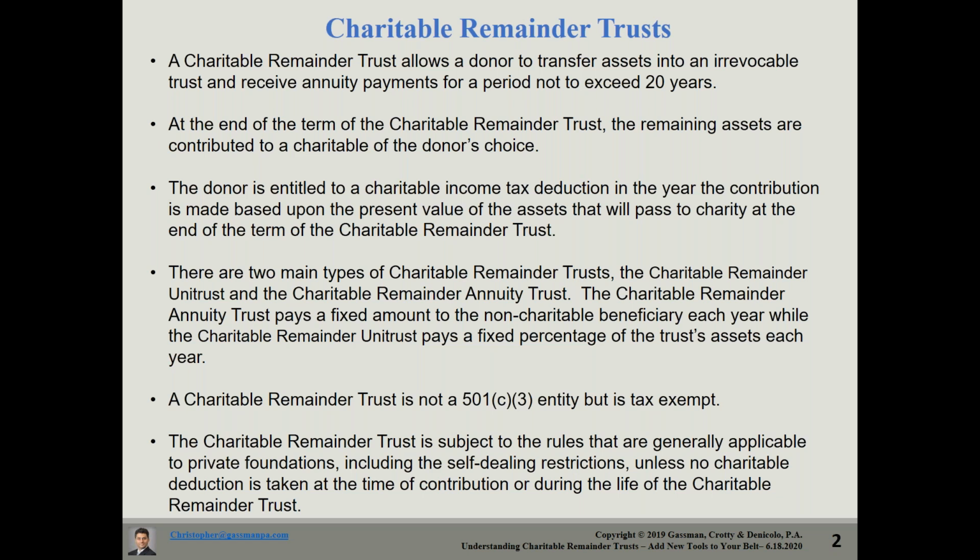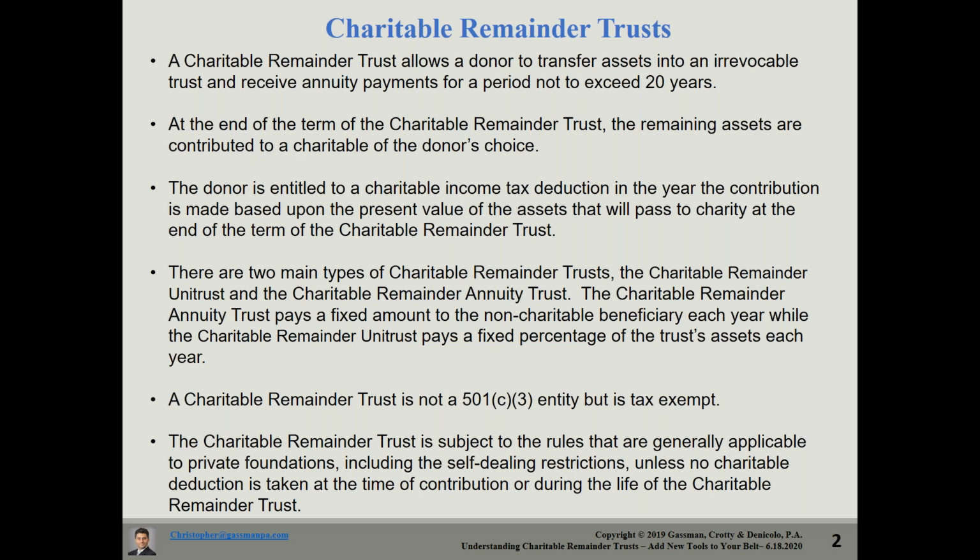At the very fundamental level, a charitable remainder trust is a split interest trust in that part of the trust is held for the benefit of charity, the other part is held for the benefit of one or more non-charitable beneficiaries. Now, overly simplistic, a charitable remainder trust is such that the charity is entitled to the remainder of the trust.